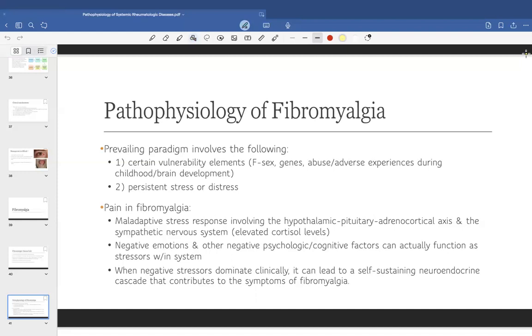Okay, the pain itself is a maladaptive stress response. It involves the hypothalamus, the pituitary, your adrenal cortical axis, so your stress hormones. How many people have seen somebody who has fibromyalgia? Anybody? What's their body type?